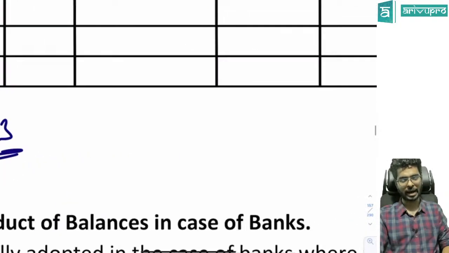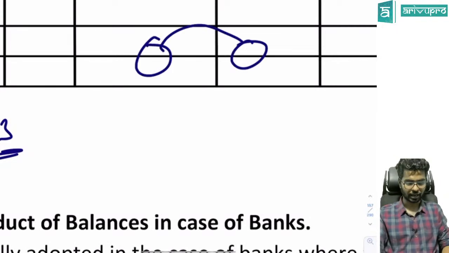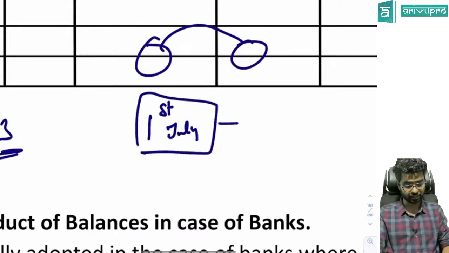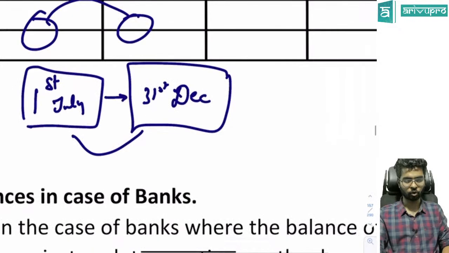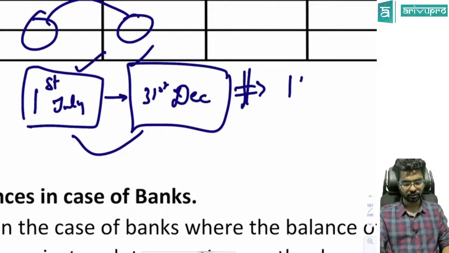Because I am doing the balances for my closing one. I didn't tell from this day to this day. I am telling how many days are there between 1st July to 31st December. If you ask how many days are there between both of them, both 1st July and 31st December are inclusive. Therefore, it is 184 days.